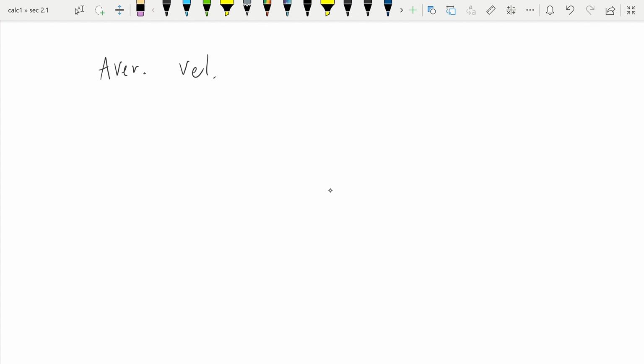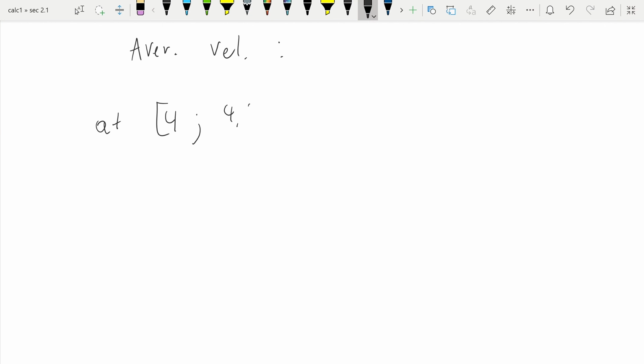We'll be able to actually prove that the limit is a given quantity that we suspect. So let's start computing things over the interval 4, 4.1.